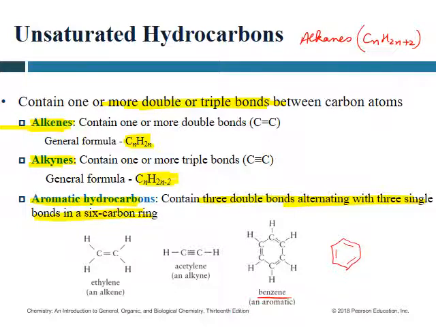Whenever a structure consists of benzene, it is called an aromatic compound. Why aromatic? Because most of these compounds usually have some aroma to them. They have an odor, so therefore they are called aromatic compounds or aromatic hydrocarbons. Okay, we'll talk more about these aromatic compounds later on, but let's first continue with alkenes and alkynes.